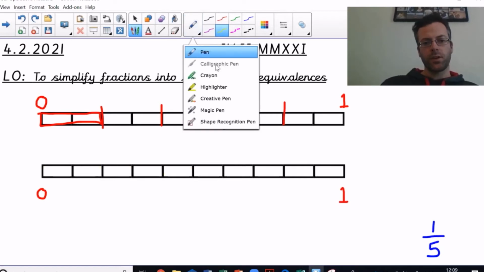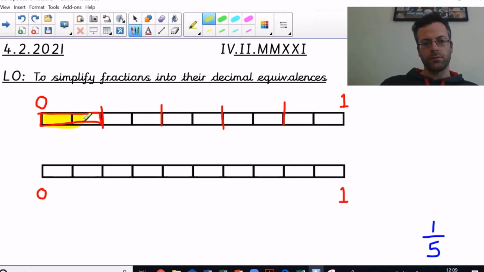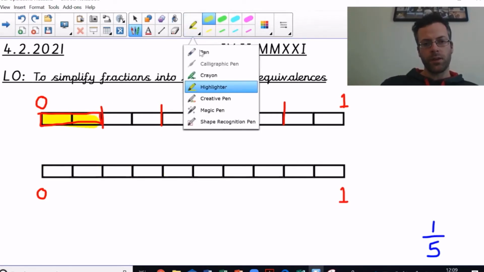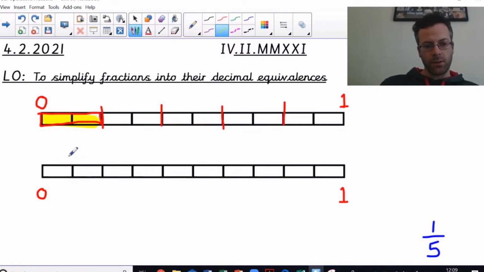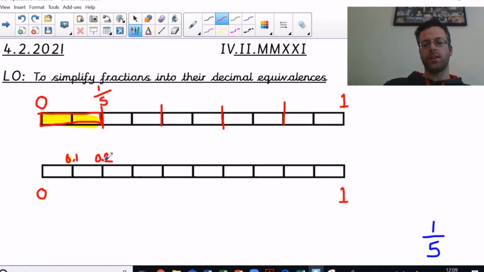And if I shade in just one of those equal parts, you will hopefully agree with me, again, that if each of these is 0.1, that's 0.1, and this is 0.2. So I've shaded in 1 out of the 5 parts, so that's 1/5. So 1/5 is 0.2. That's another important one to remember.